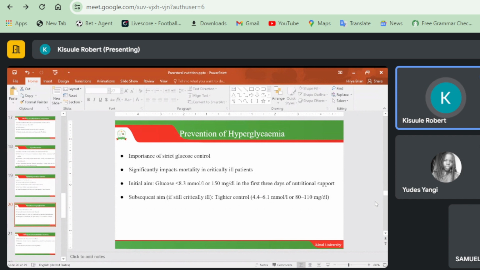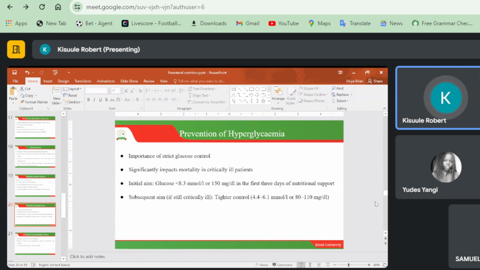So how do we prevent hyperglycemia? Okay, we had talked of being deliberate on restricting the glucose intake into the body, and we are saying this significantly impacts the mortality of critically ill patients. So the initial aim is less than 8.3 millimoles per liter, or 150 milligrams per deciliter, in the first 3 days of the nutrition support.